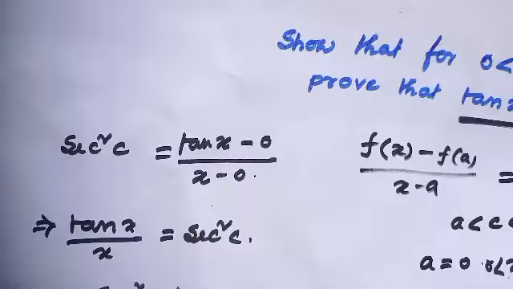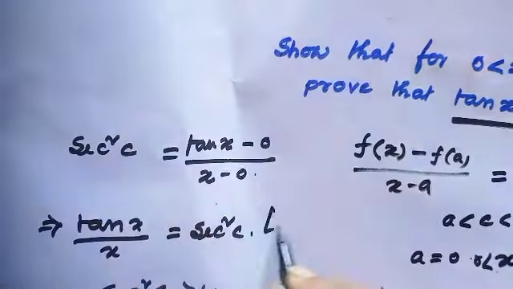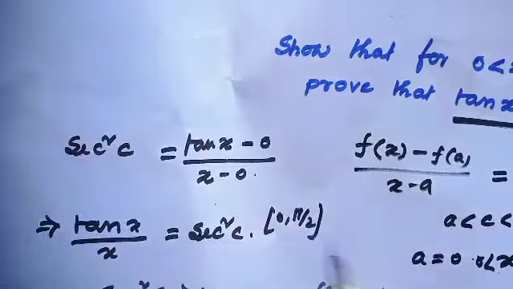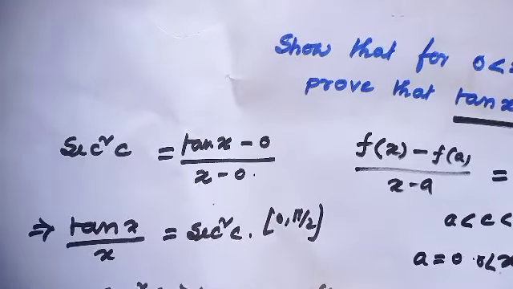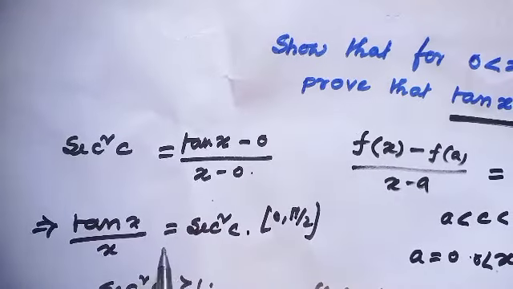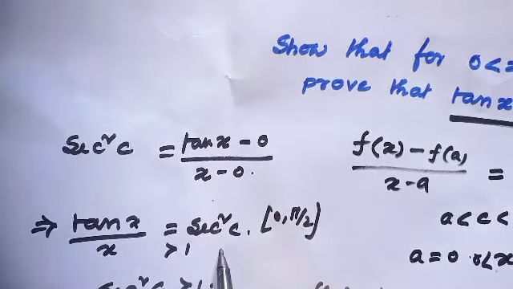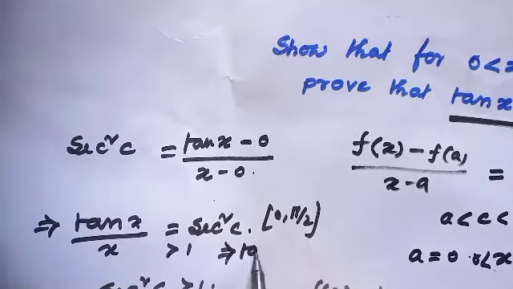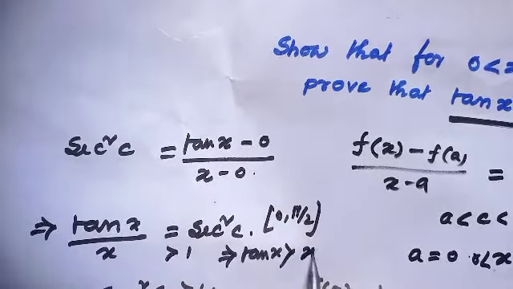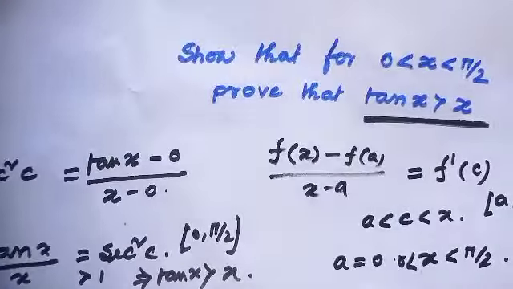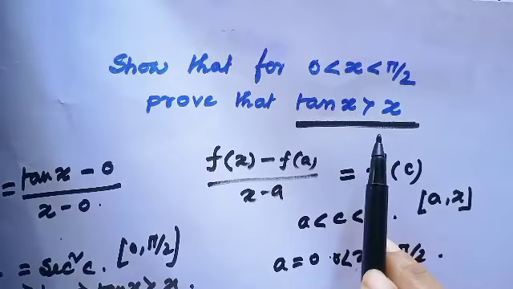Okay. Therefore, in the interval 0 to pi over 2, sec square c is always greater than 1. Therefore, from this we can write tan x always greater than x. So our proof is done.